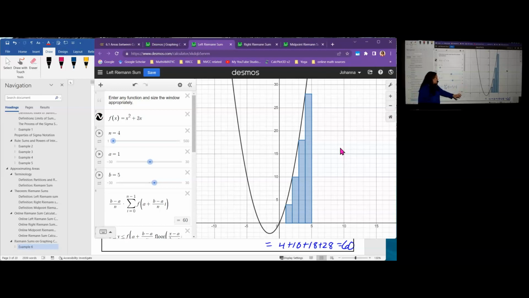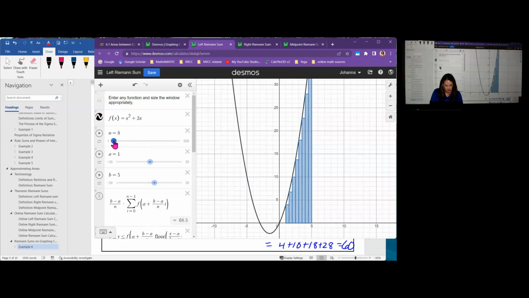When I look at this, I can see down here in the sixth slot that it's giving me the estimation that we got of 60. Notice that if I increase the number of rectangles, it will get closer to the true value of 77.3 repeating. I can do that by grabbing on to the N in the slider bar and moving it to the right.